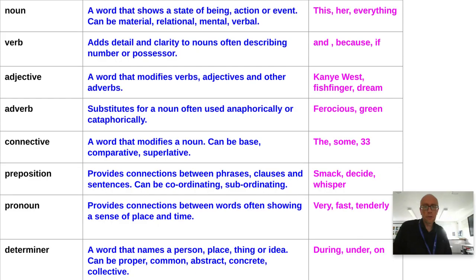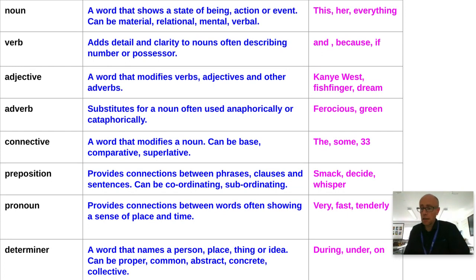So the copular verb is often used in discourse texts, for example, when writers are trying to persuade you over to a point of view. And so they'll use the verb to be to give a sense that something is absolutely certain, as in that example, Darlington is wonderful. So the copular verb is a kind of relational verb.